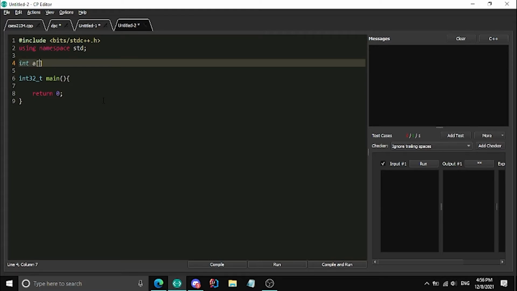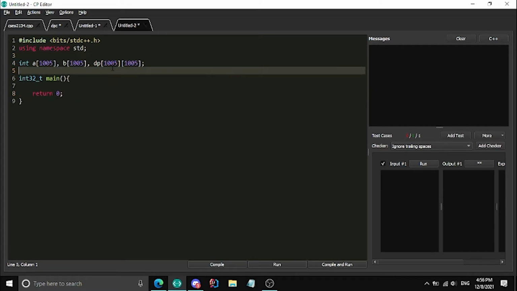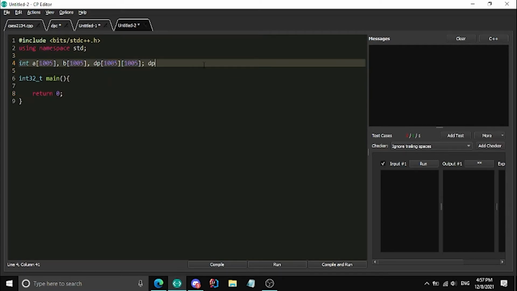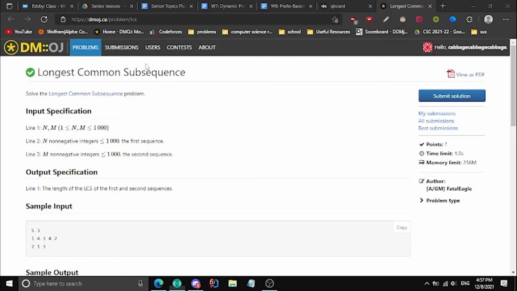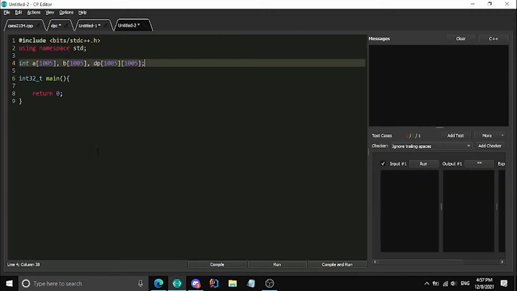We'll just put int a at 1005, b at 1005, and dp at 1005, 1005. So that's going to declare our dp array to be big enough because eventually we're going to have to reference dp at n at m, right? And n being the length of the first sequence, and m being the length of the second sequence.